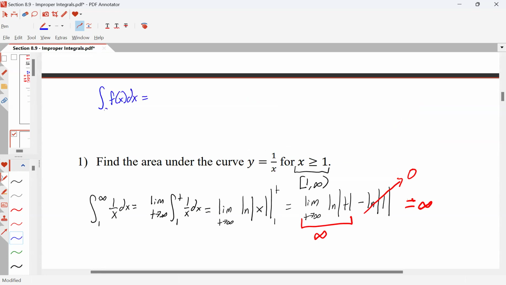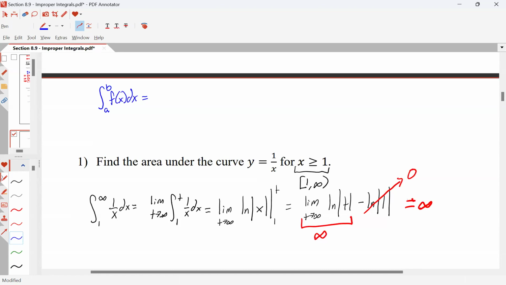with our bounds, I'm going to leave them as a and b, because a type 2 integral does not have an infinity bound, but we use this vocabulary for type 2 as well.